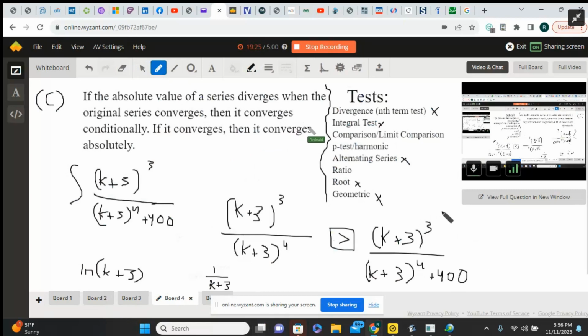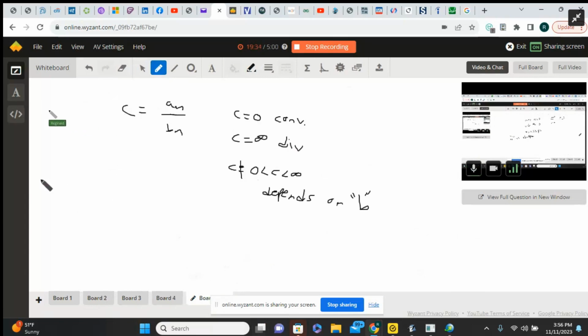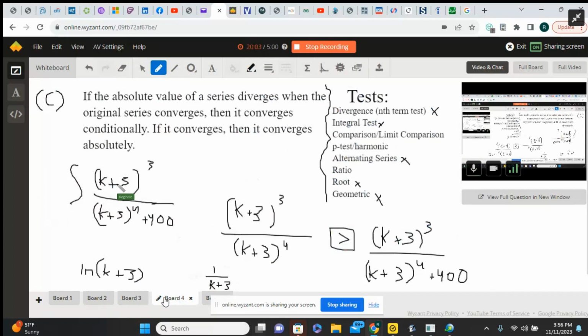So this is definitely our a sub n. We're going to let this be our b sub n: k plus 3 to the third over k plus 3 to the fourth plus 400, divided by this.